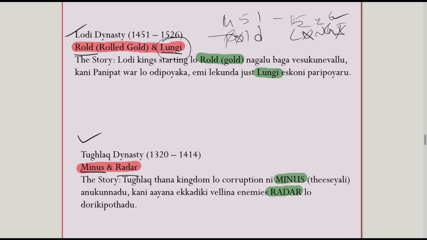Enemies always focused on Tughlaq in order to defeat him and capture his kingdom. So the keywords are minus and radar. By cancelling the vowels you will get 3, 2, 0 and 4, 1, 4. That is 1320 and 1414.